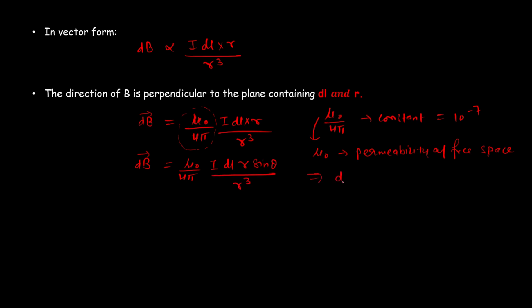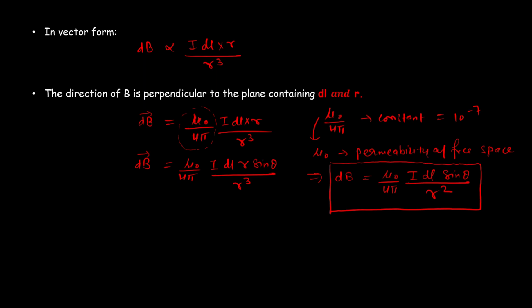We can modify this equation as mu naught by 4 pi I dl, this r will cancel out with this r cube, so sin theta divided by r square. This is the general form of a small magnetic field due to a small current carrying element on a current carrying conductor.